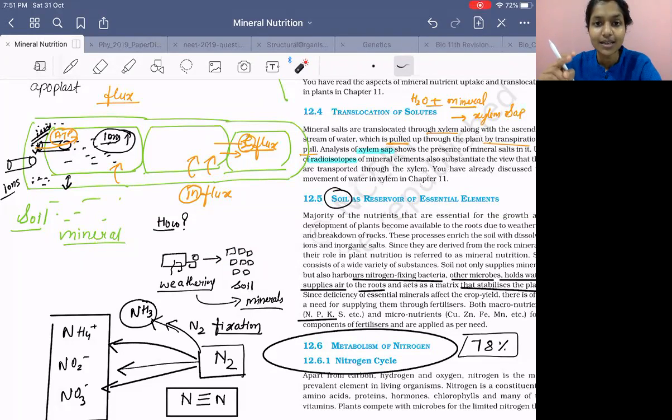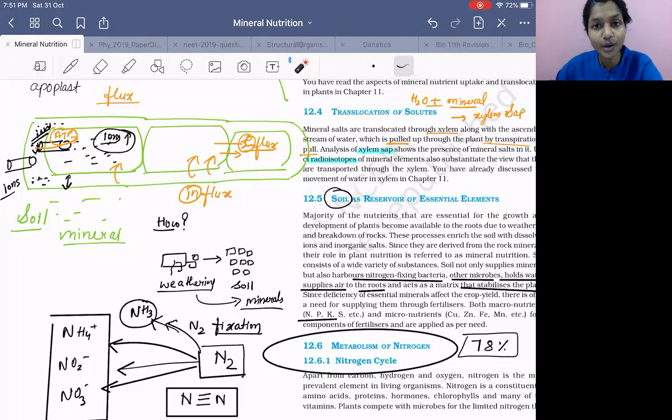Second thing is what? Soil also provides so many microbes, so many bacteria, because plant cannot absorb gas. Plant cannot absorb N2 gas. You know, nitrogen is absorbed in the form of nitrate, nitrite, ammonium. Plant can't absorb nitrogen gas.